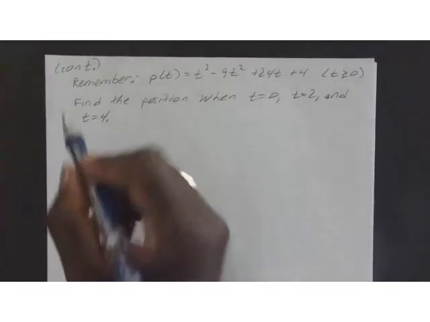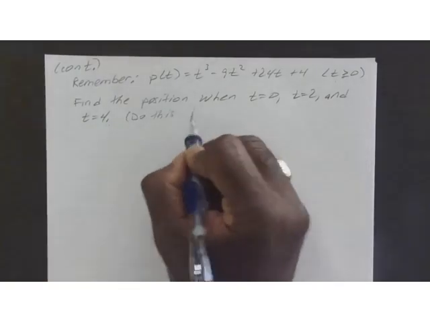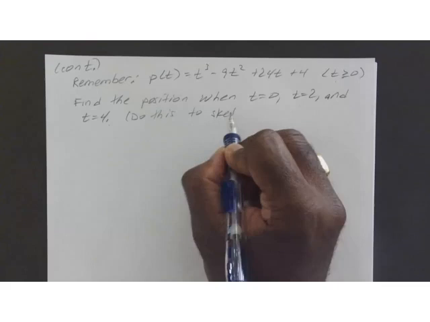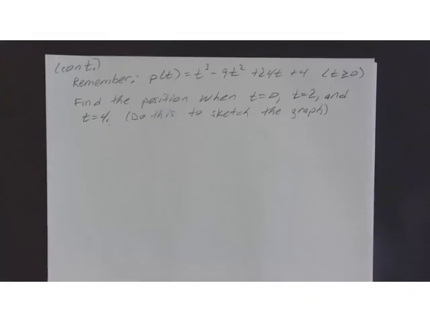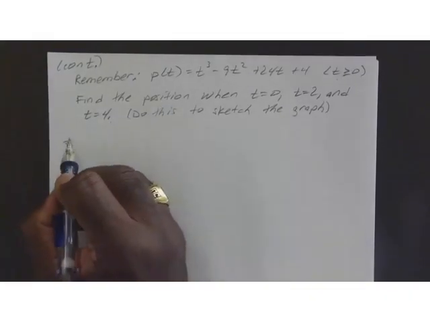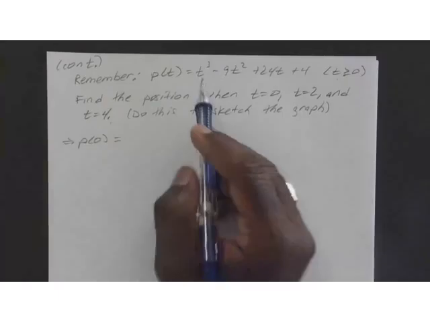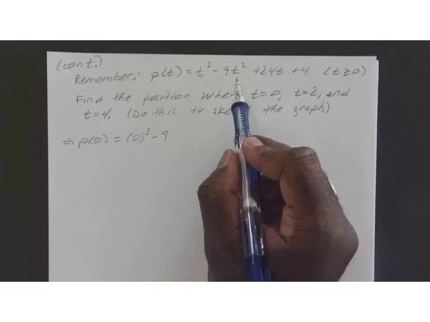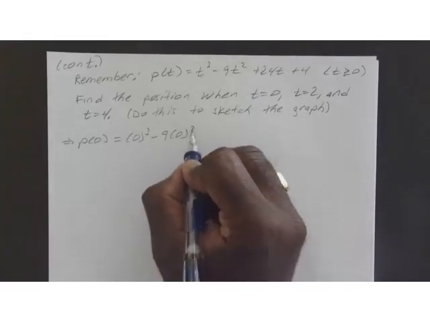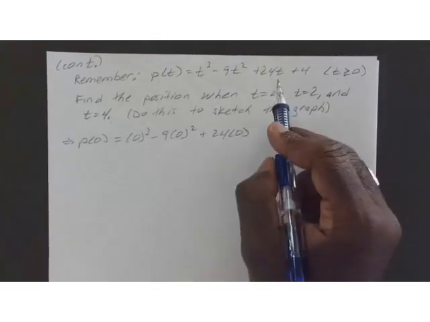Okay, so we're doing this to sketch the graph. Okay, so first we're going to find P of 0. Oh, that's just 0 to the third power minus 9 times 0 squared plus 24 times 0 plus 4.